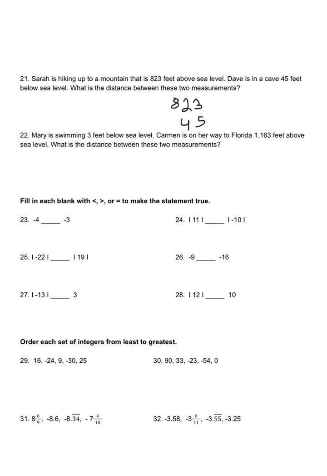So we are going to figure out the distance between these two. So we will add them again and figure out that 823 plus 45 equals 868.